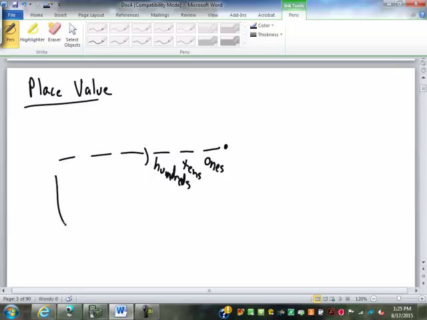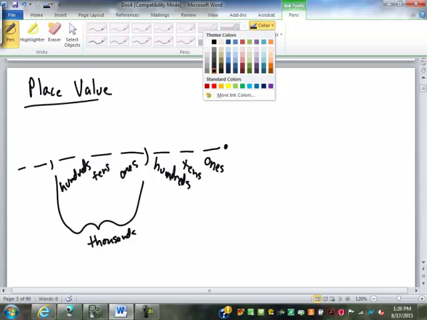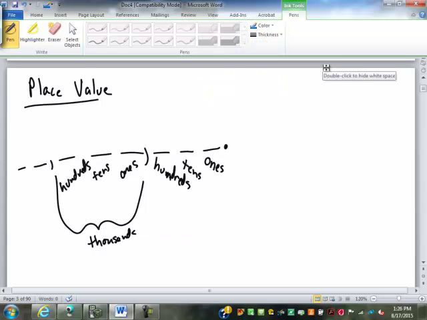Then we have the thousands group. And in the thousands group, we have the same place values. Ones, tens, and hundreds. And then, of course, we have the millions group with the same place values. And if we were to name a place value, we name its place value and its group.